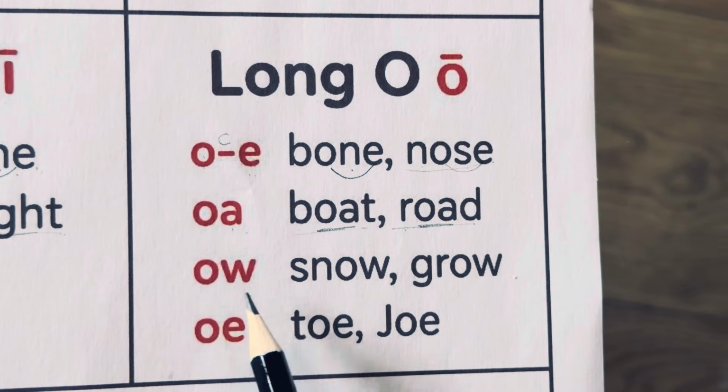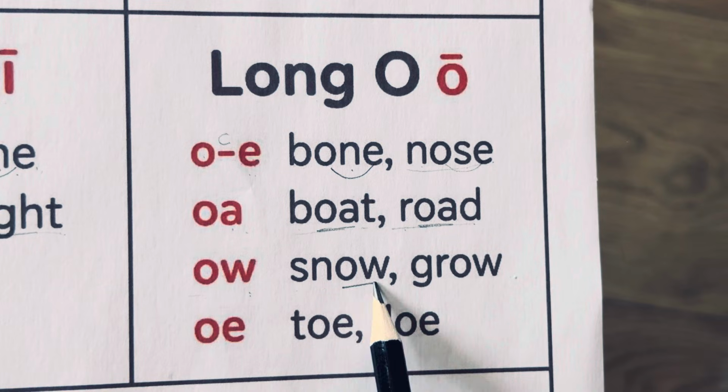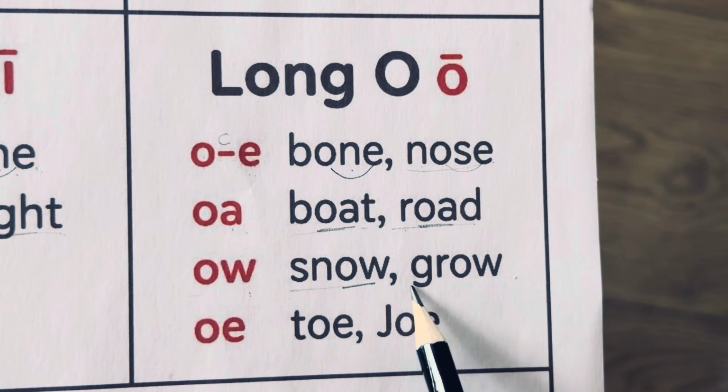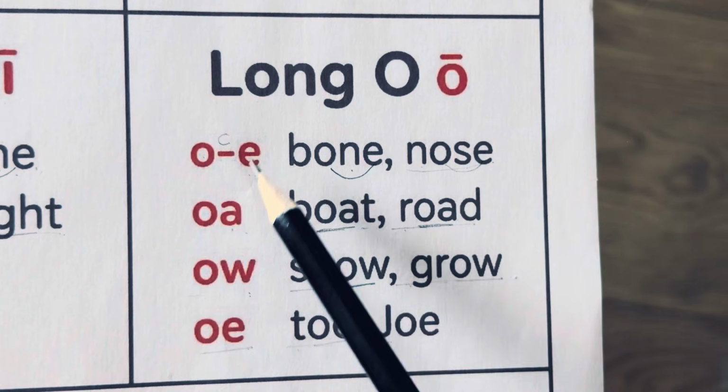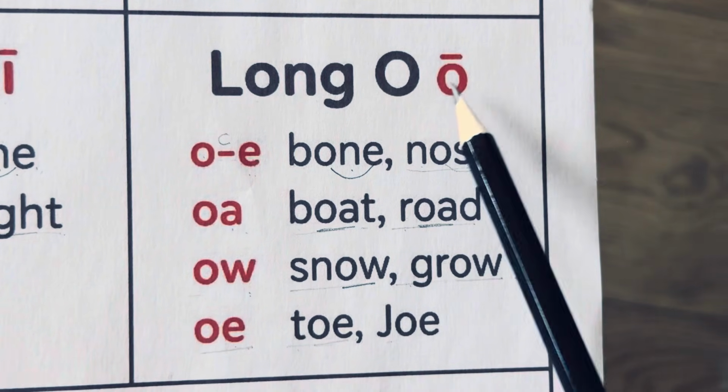O and W make the sound O, as in s, n, o, w, snow; g, r, o, w, grow. O and E make the sound O, as in t, o, e, toe; J, o, e, Joe. So these are all the different spelling patterns that have the long vowel O sound.